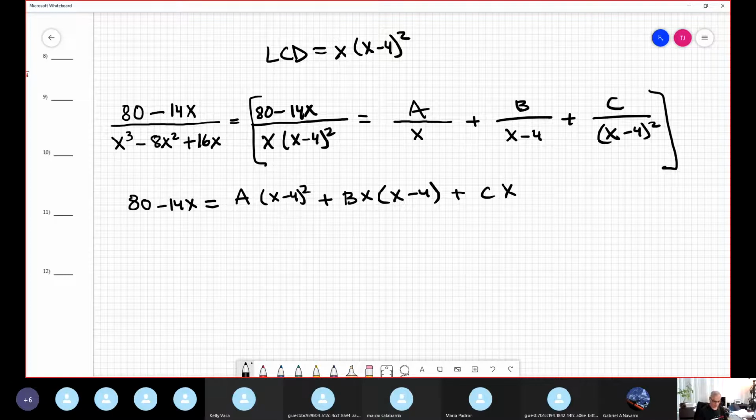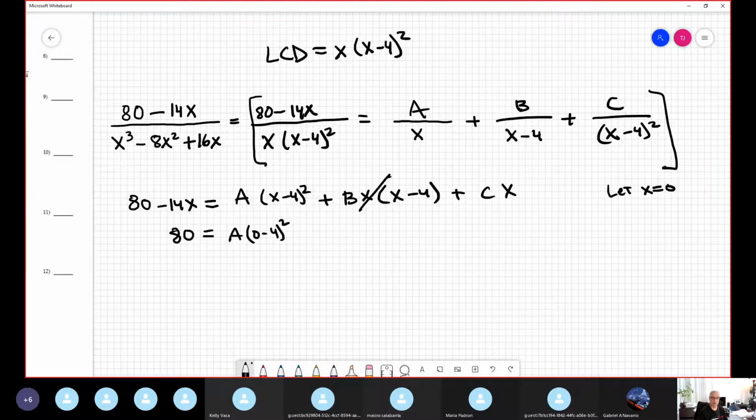Well, in this case, you have no complete collection of the critical values. However, we have some. Suppose x equals 0. When x equals 0, it's 80 here, because you replace x by 0. We have here A times 0 minus 4 squared.